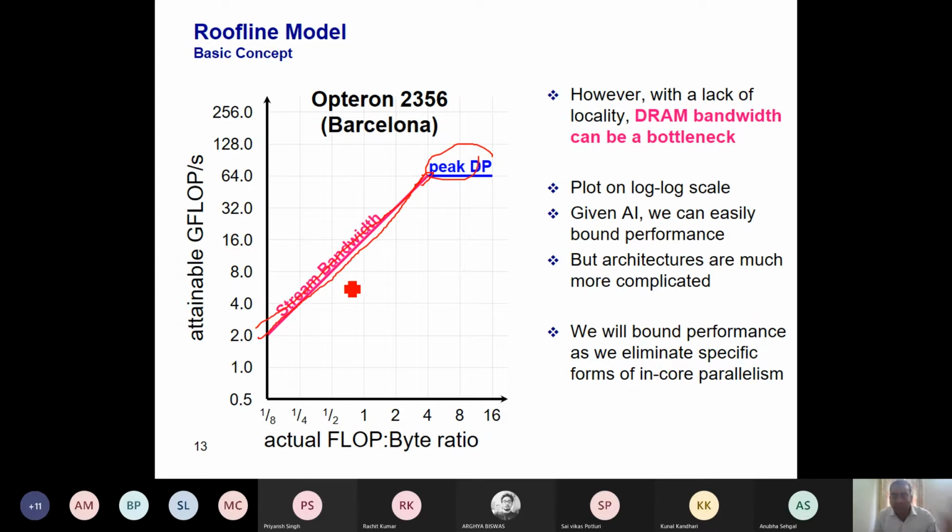If your AI is less, then your performance is also less, because now you're bottlenecked by the DRAM bandwidth. This Roofline model is plotted on a log scale, log scale on X and log scale on Y. So this is again the maximum. Your actual performance will be further down. How? Let us see.